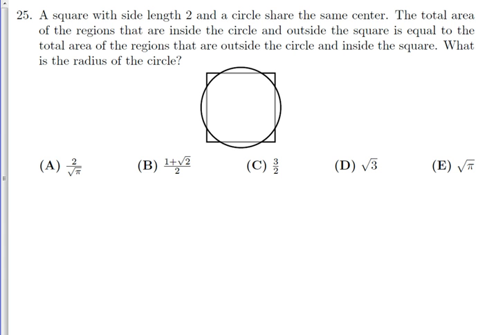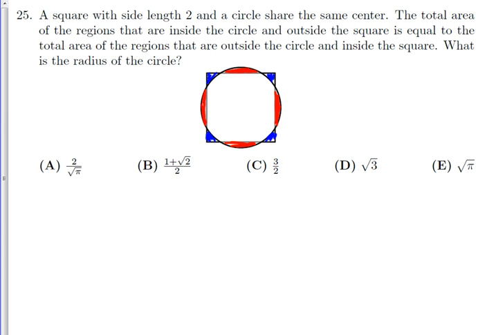But what you can do is use a very simple fact in this problem, and that is that if you take these red parts away, these are the parts that are the extra parts of the circle, and then you take these blue parts away, the extra parts of the square, you're left with a region that is an overlap of the square and the circle. And so that region has the exact same area.